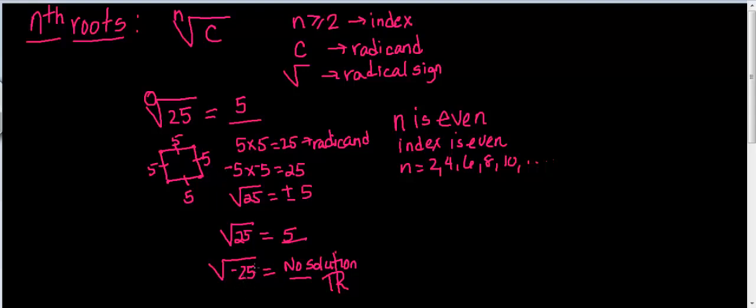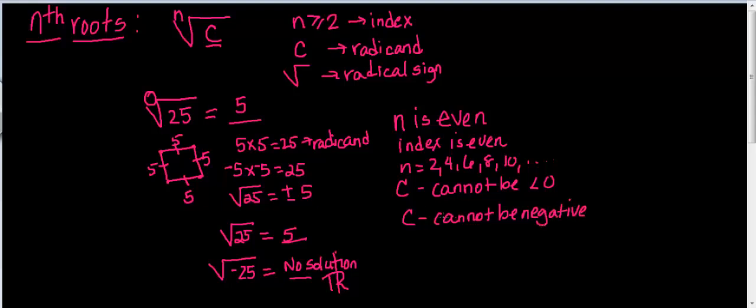The number inside here, or C, cannot be less than 0. C cannot be negative because I have no solution to it. And that's going to happen for square roots, which is an even root. It's going to happen for fourth roots.